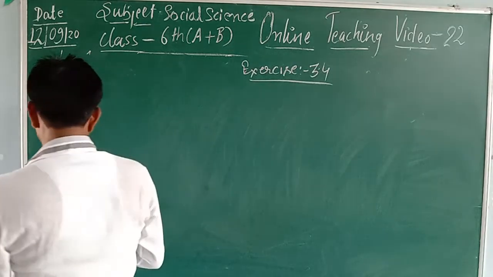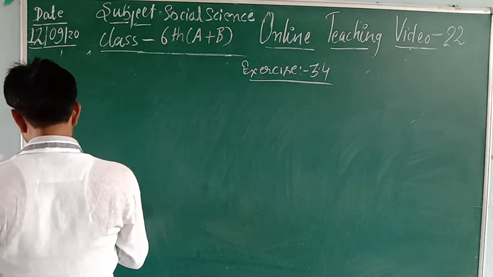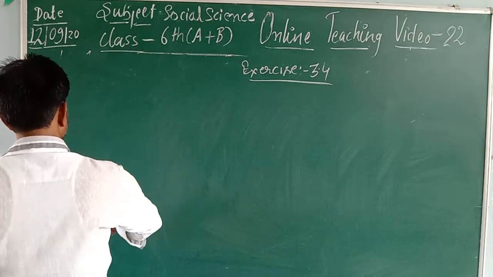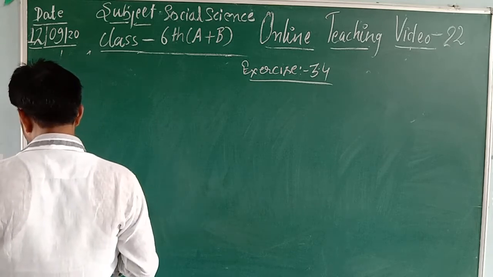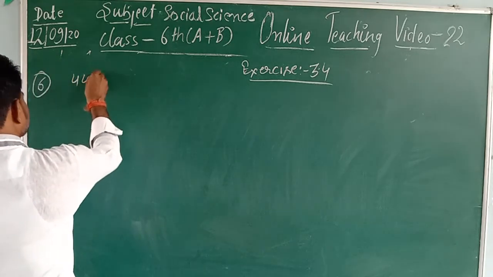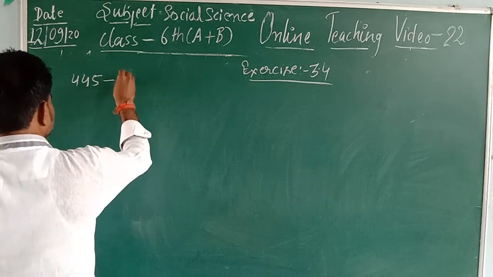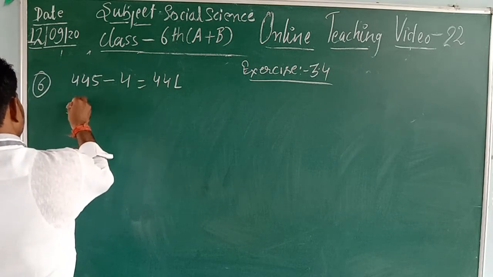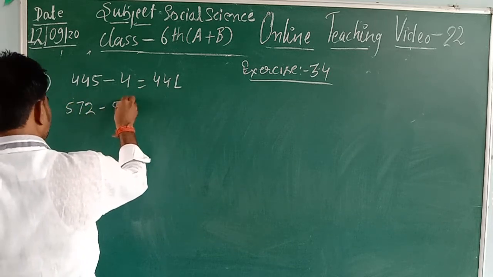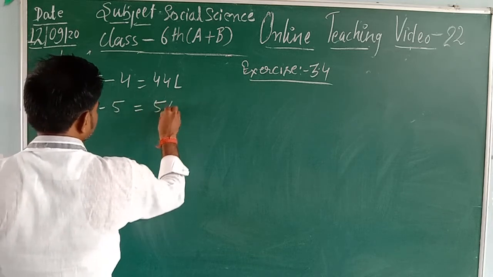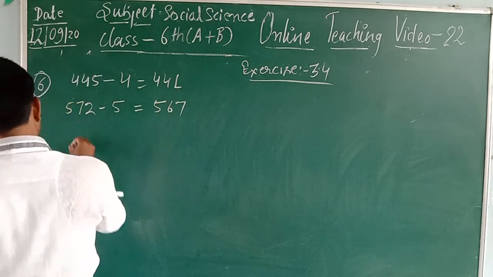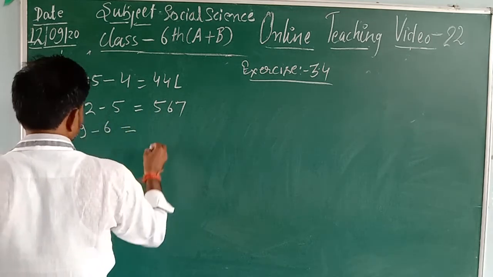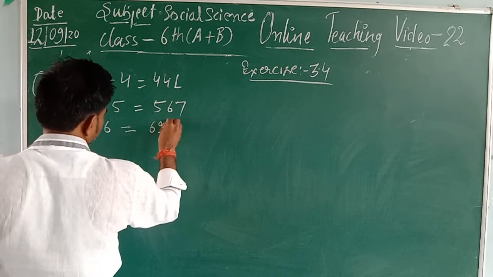So I have earlier told you, when the numbers give different remainders, we subtract each remainder from its number. So 445 minus 4 is 441. 572 minus 5 is 567. 699 minus 6 is 693.